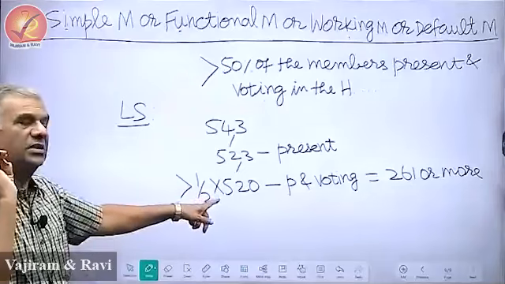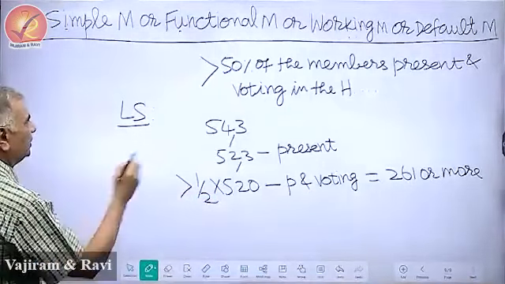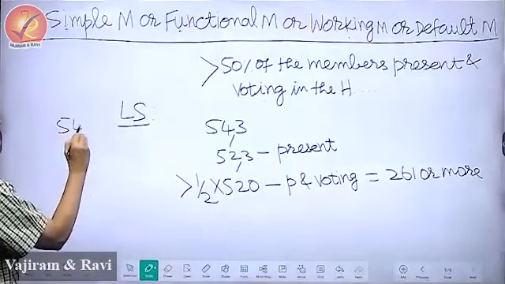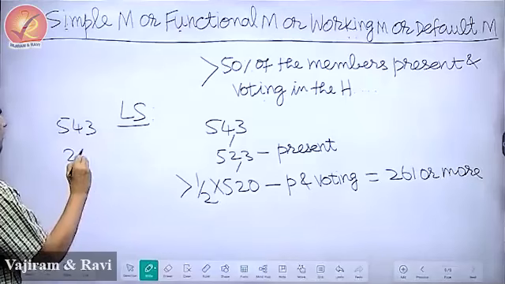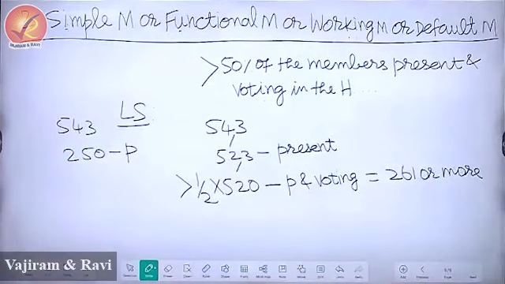So this is simple majority. For example, on another occasion, out of 543, only 250 members are present in the house. Maybe it is on the eve of the new year that there is big abstention in the house.